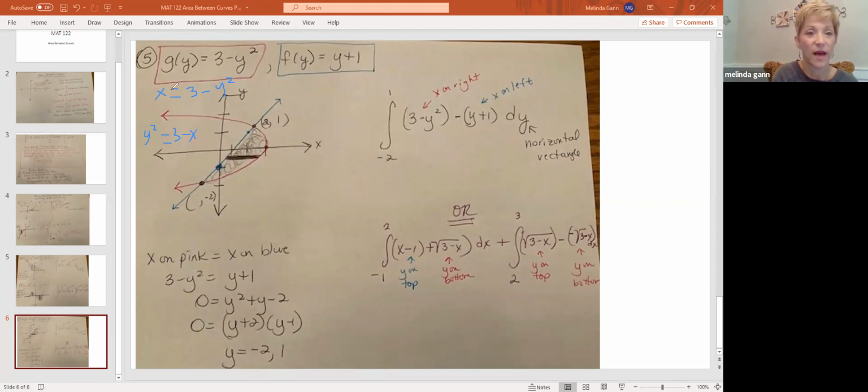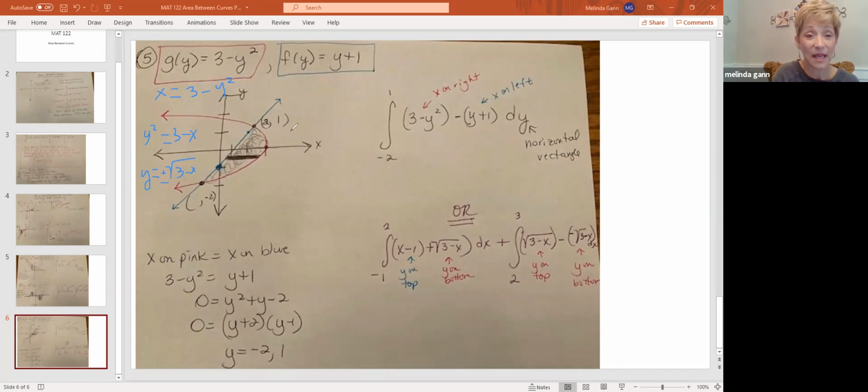All right, so if you move that over there and you move that over there, how would you solve for y? Well, a lot of you would make this mistake. You would think that that's just the square root of 3 minus x, but it's not. It's a positive or negative.